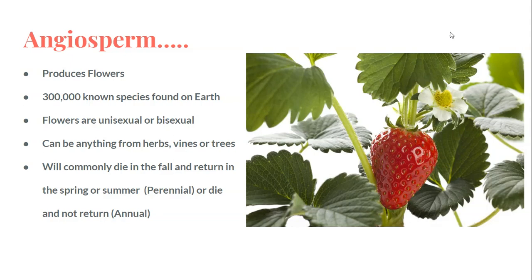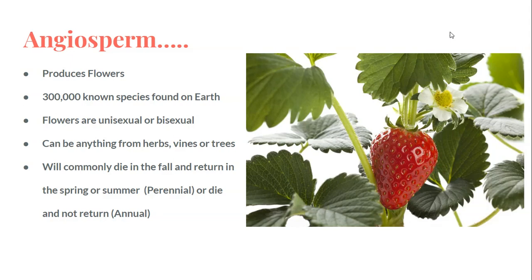So what that kind of is telling me is that gymnosperms were on their way of dying off. They needed to evolve and they needed to adapt. So they came up with some type of new method so that plants could survive. And that new method was that they started growing flowers so that those flowers could then be pollinated by the insects. They could be reproduced sexually or asexually, and then they would make more plants.